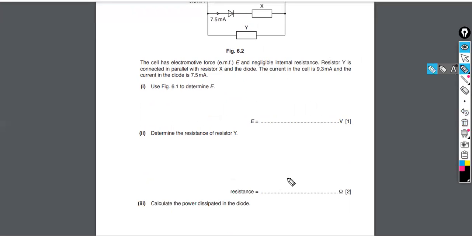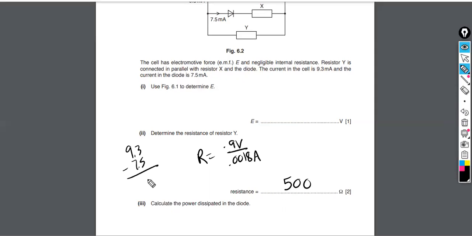The resistor Y down there has 500 ohms of resistance, and again, that is calculated as the 0.9 volts divided by the 0.0018 amps of current. And again, you get this 0.0018 by taking the 9.3 minus the 7.5. All right, 1.8 milliamps.